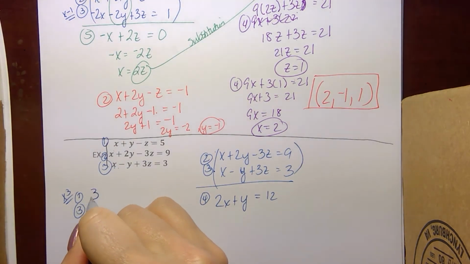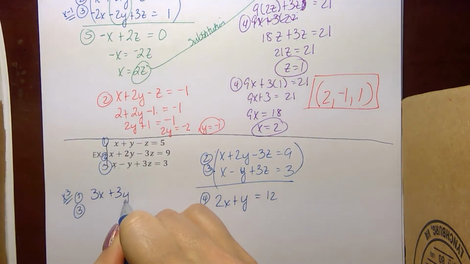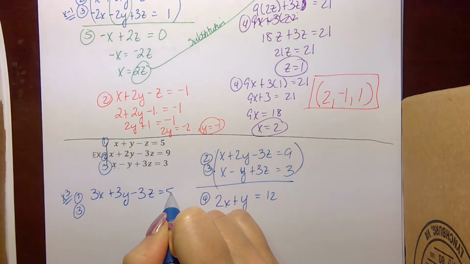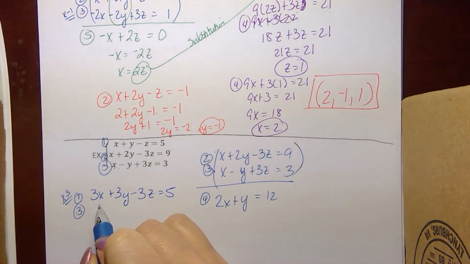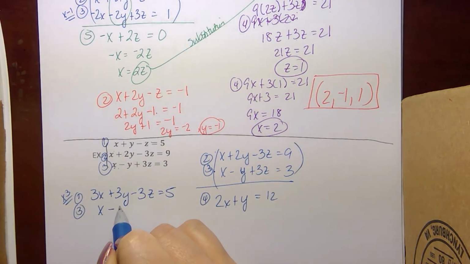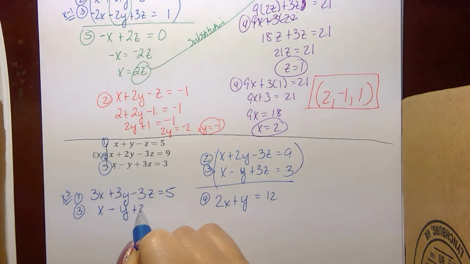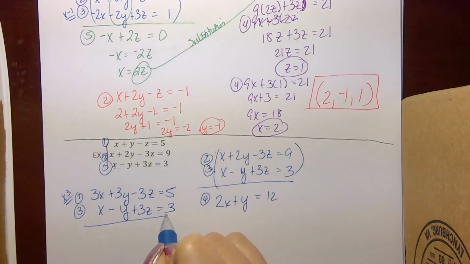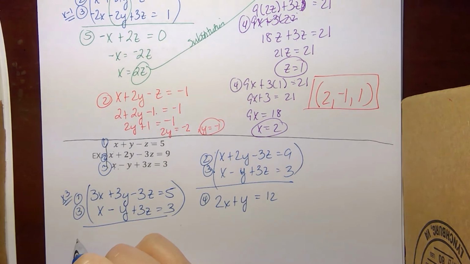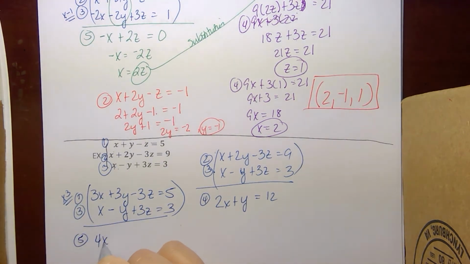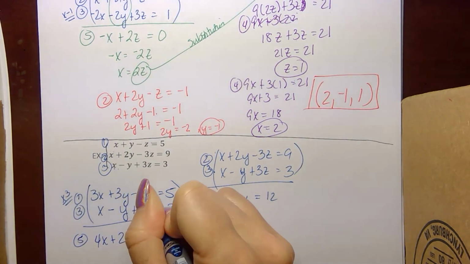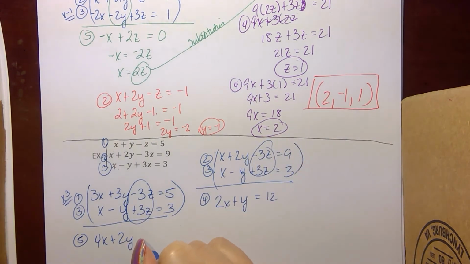So I get 3x plus 3y minus 3z equals 5. My third equation doesn't change. And I add. And my fifth equation becomes 4x plus 2y, z's add to 0, equals 8.